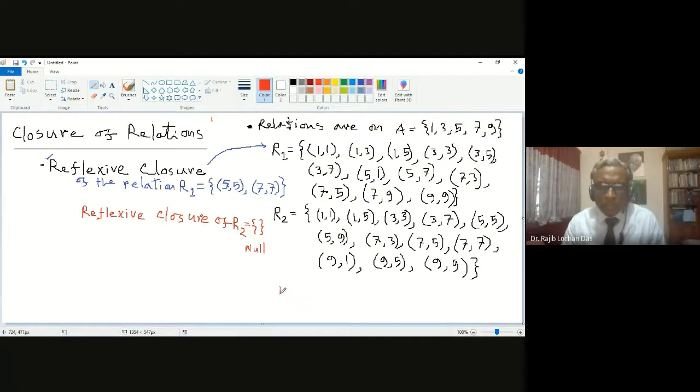Say one criteria is given like R3. This is the (x, y) pair, and the criteria is x is greater than y.